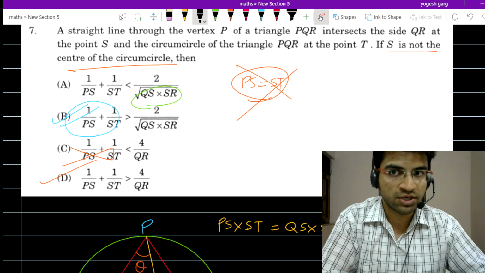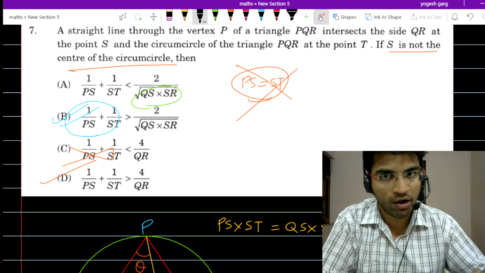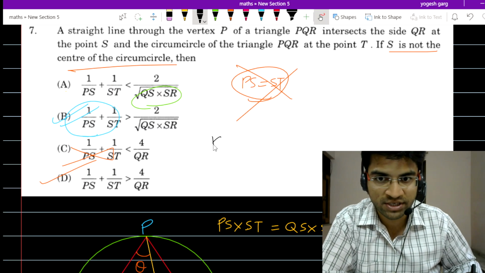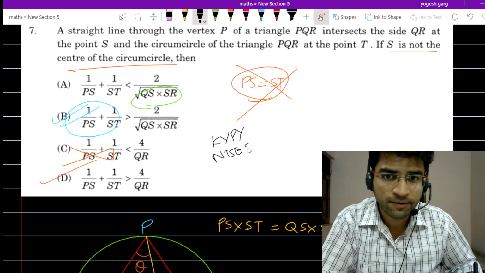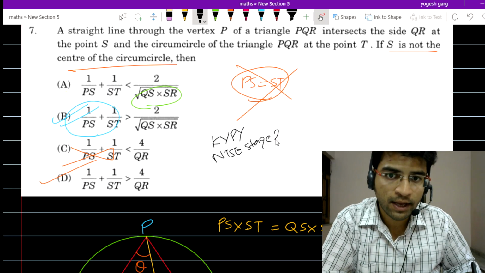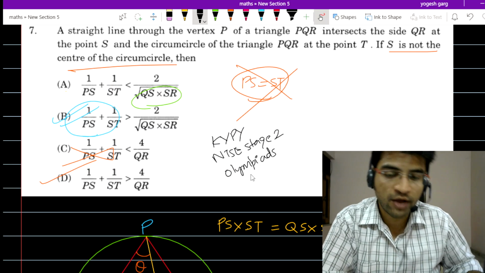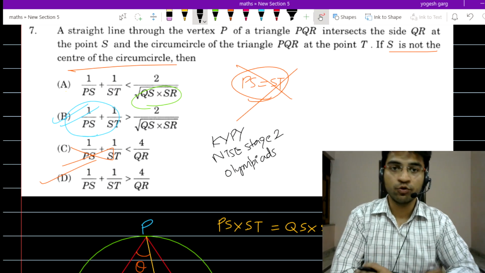So this question is helpful for Olympiads as well. I will say that this question is helpful for KVPY, and NTSE stage 2, and Olympiads.